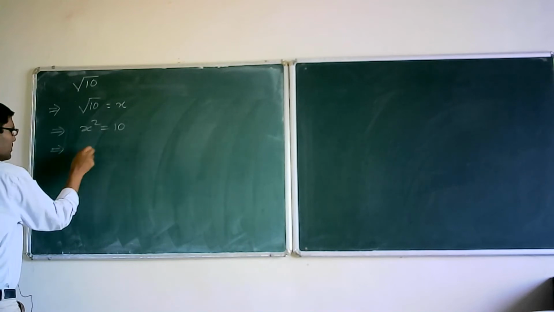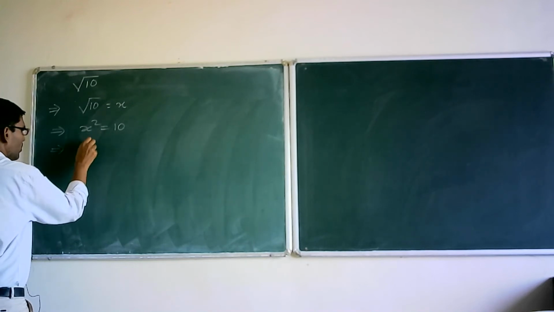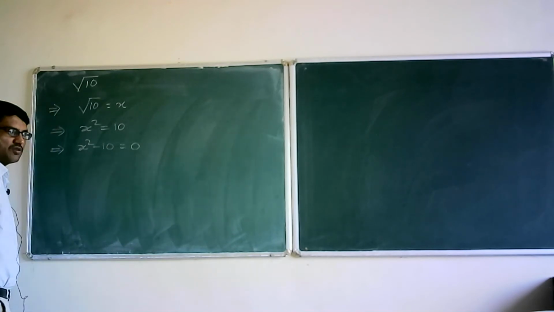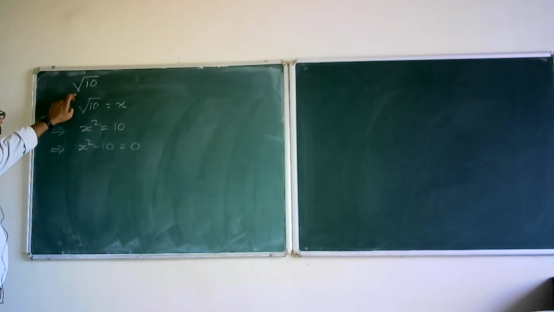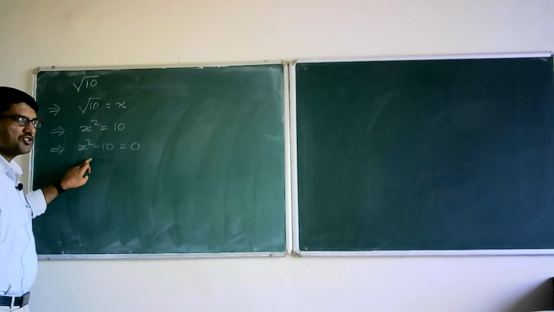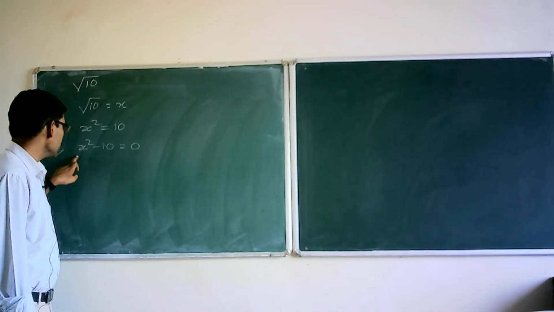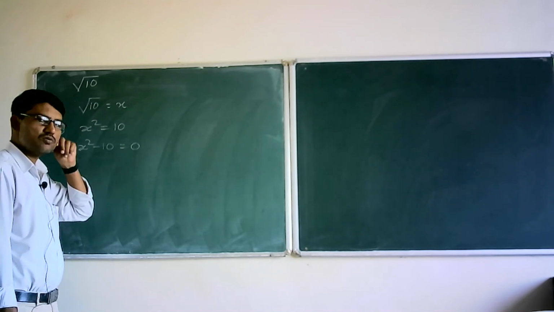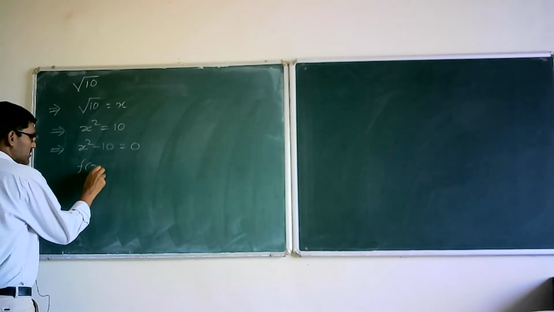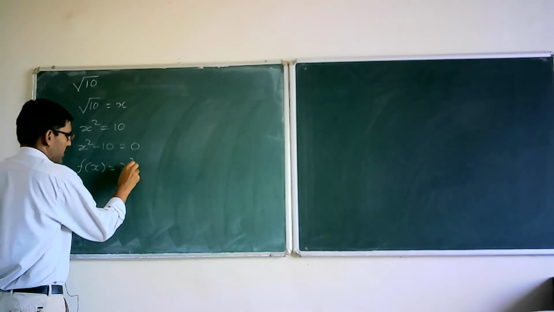Next, if you take this 10 to the left hand side, you will get x square minus 10 is equal to 0. To determine the value of square root 10 means we want to solve the equation x square minus 10 is equal to 0. That is, we want to determine a value of x where this expression is equal to 0. So here we can say f of x is equal to x square minus 10.